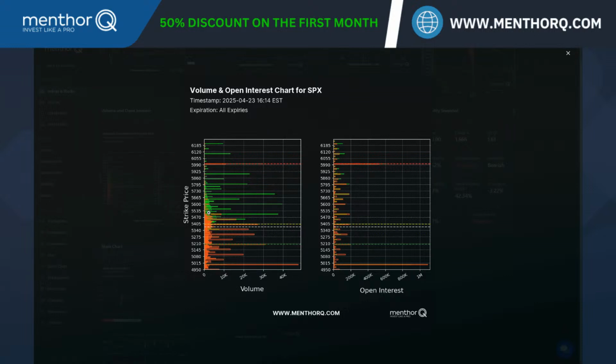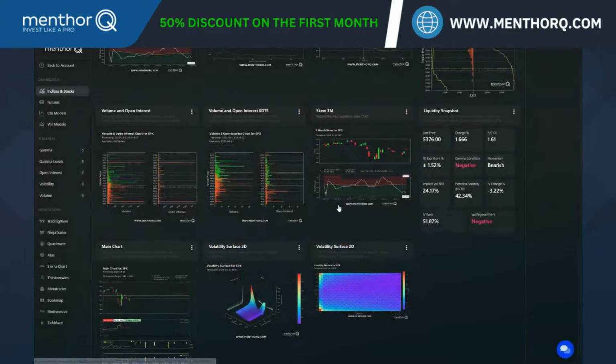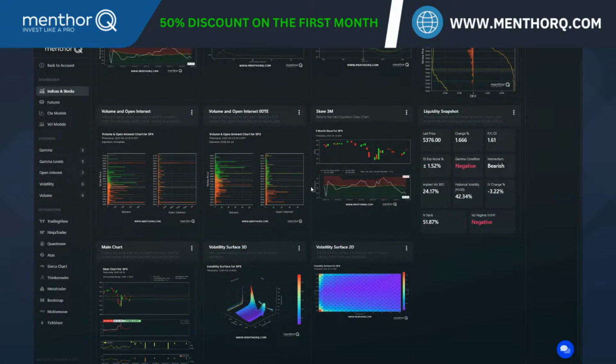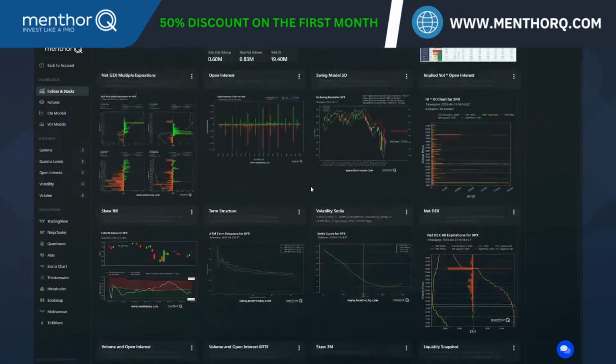So if the SPX manages to get through some of this, it could potentially have easy sailing all the way up to roughly, let's say, 5,900 or close to 6,000. I would venture to guess if we looked at the net GEX chart, we might see 6,000 is a key level here.